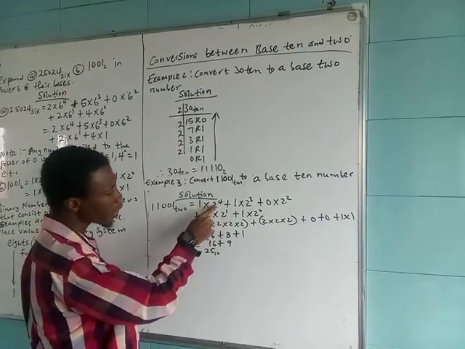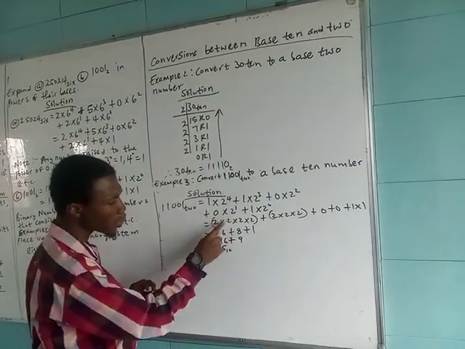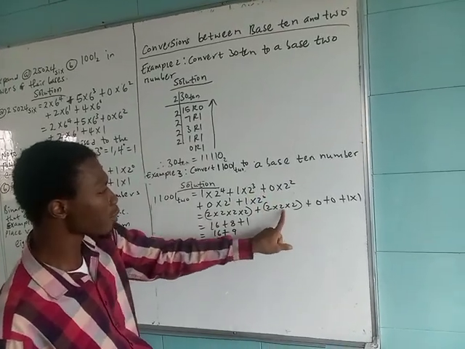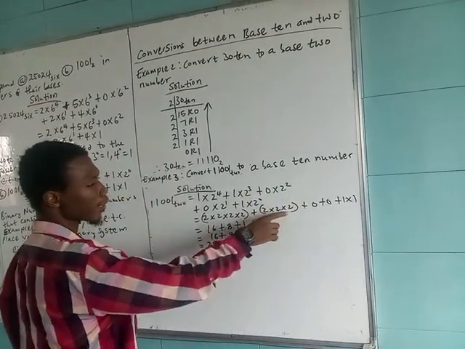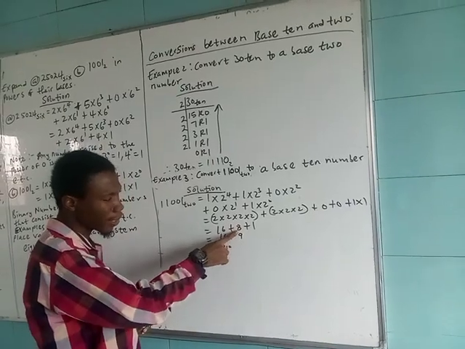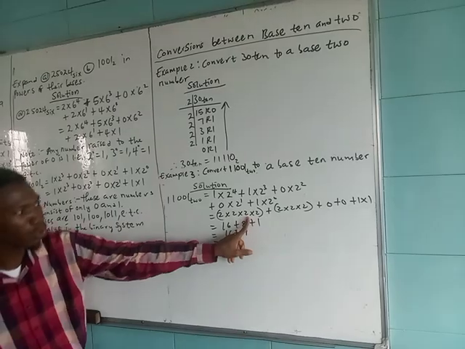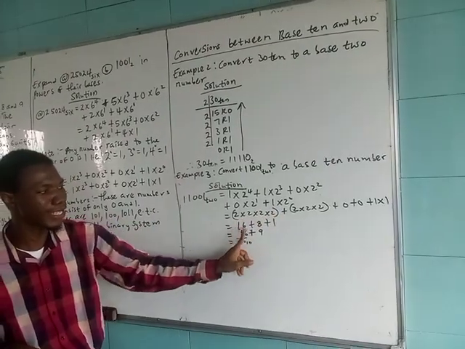Here we have 2 raised to power 4, which is 2 times 2 times 2 times 2. 2 raised to power 3 is 2 times 2 times 2, and that's 8. 2 times 2 is 4, 4 times 2 is 8, 8 times 2 is 16.